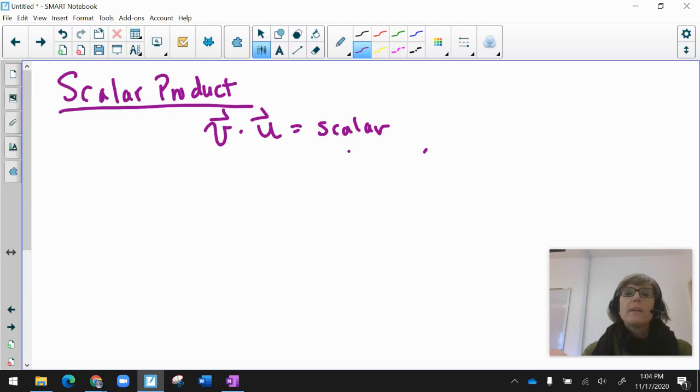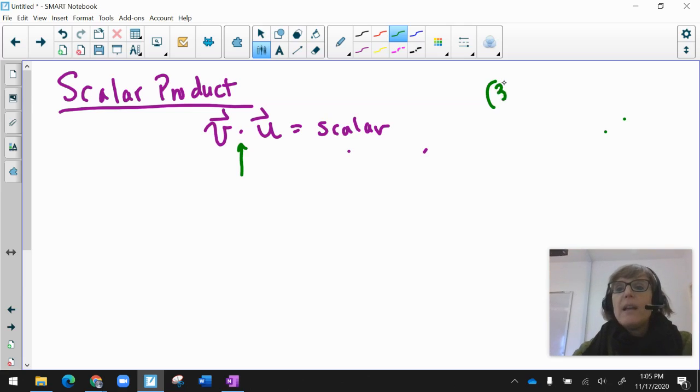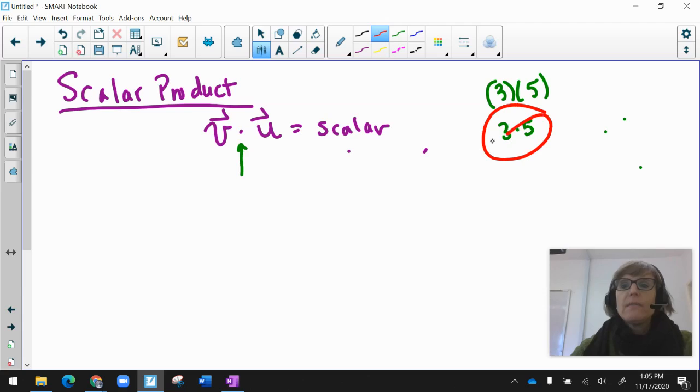So it's important when you're writing about the scalar product that you use this dot here. If I was going to multiply two numbers like 3 and 5, I've been trying to get you to write them that way. I don't want you to write 3 by 5 or 3.5, and I don't want you to write 3 times 5.